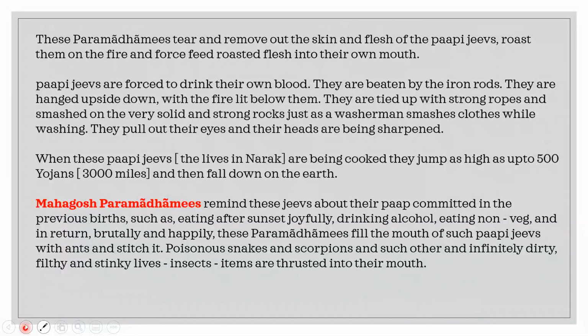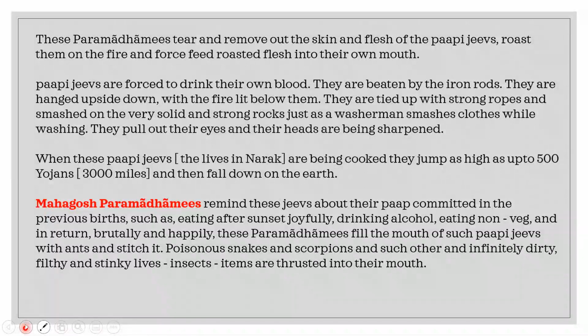So, the Parmadhamis, what they do is they basically remind the jeeves of Narkis of the pap they have committed in the previous bhav. And the Mahaghosh category of Parmadhamis, they basically remind the jeeves of Narki. So for example, they say to the jeeves of Narkis that you have in the previous bhav, you ate meat or non-vegetarian food, you did ratri bhojan, you drank alcohol, you did abhaksha, and so on and so forth.